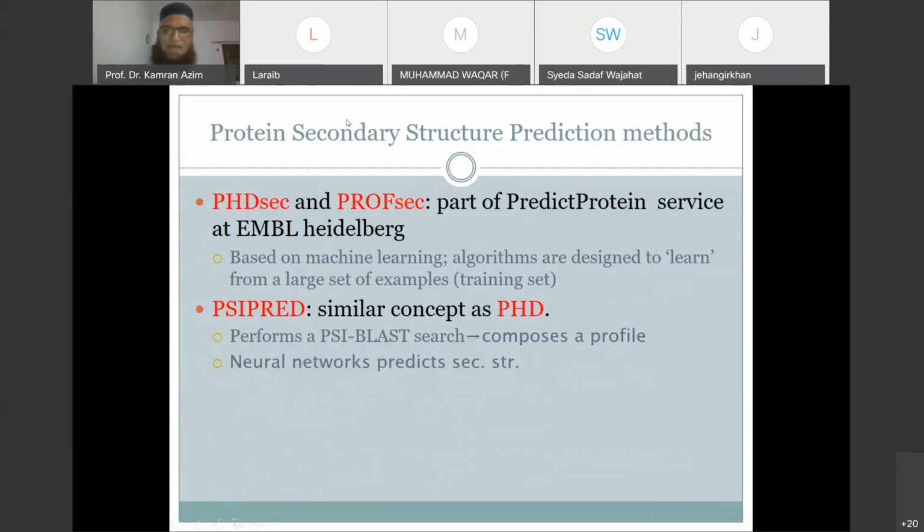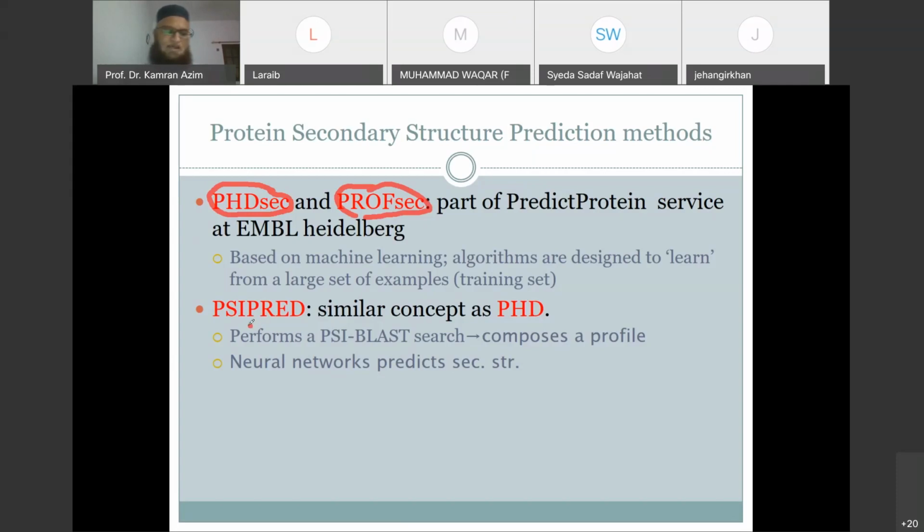There are many computer programs for secondary structure prediction, and some of them are famous. Among them are PhD SEC, or Prof SEC, for secondary structure prediction.